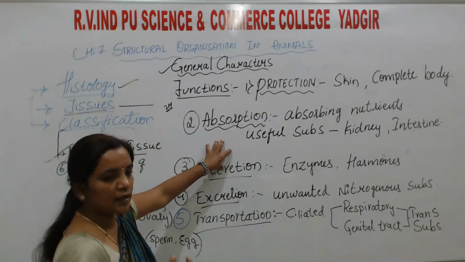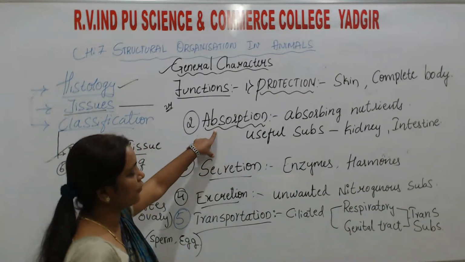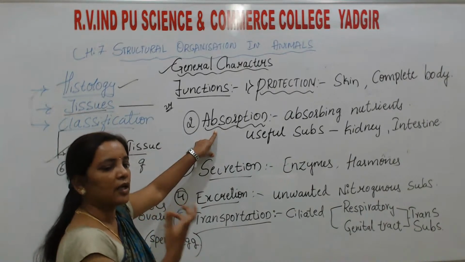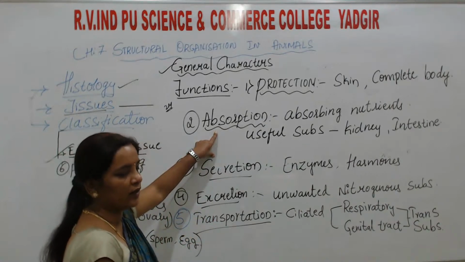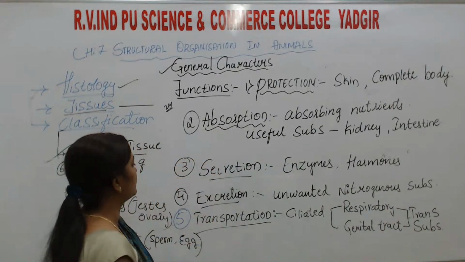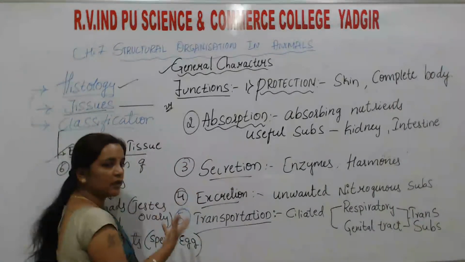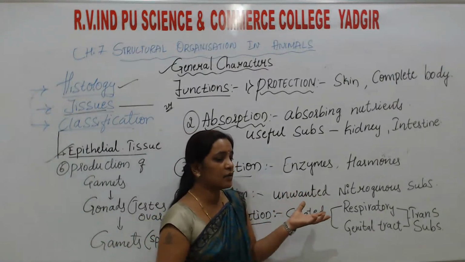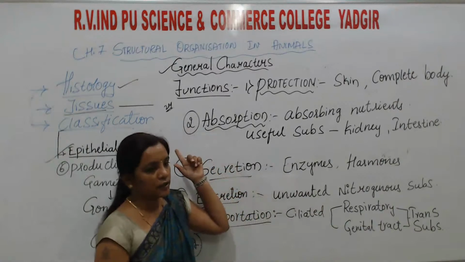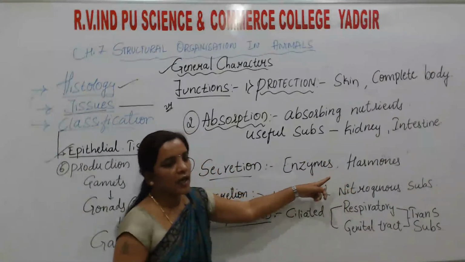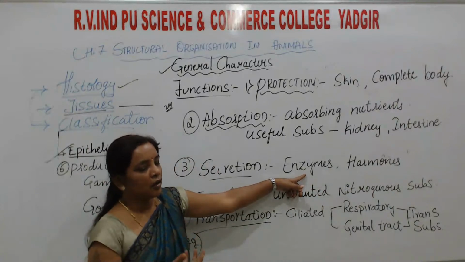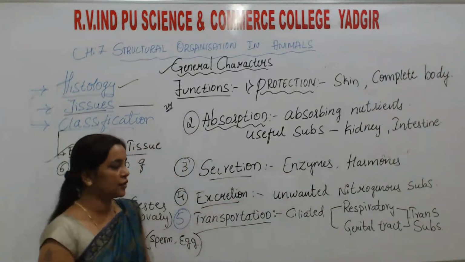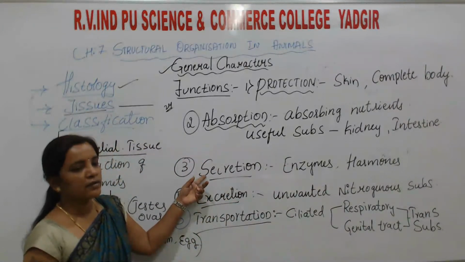Kidney and intestine are lined by epithelial tissue, which helps absorb important nutrients, electrolytes, or other chemicals, and water is reabsorbed. Next, they also help in secretion. Some glands are also made up of epithelial tissue; they secrete hormones, and organs of the digestive system secrete enzymes. They are lined by epithelial tissues, so they play a role in secretion.